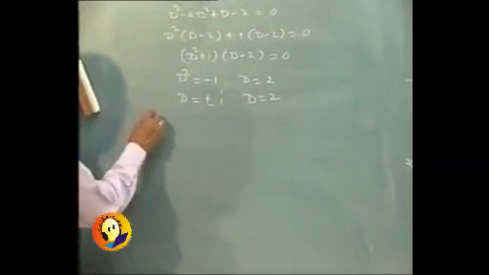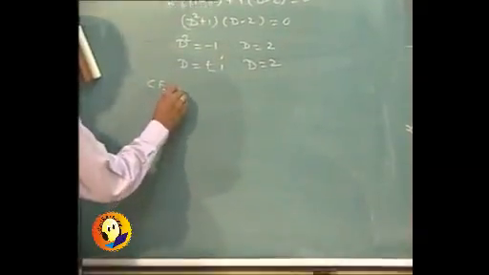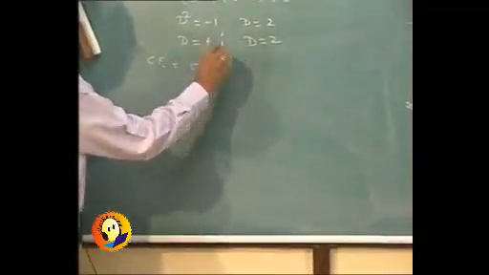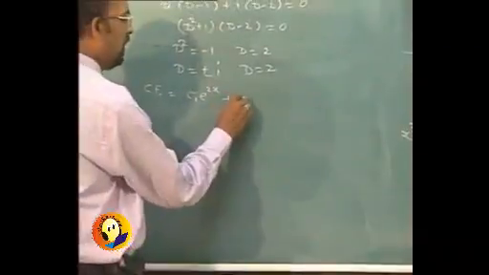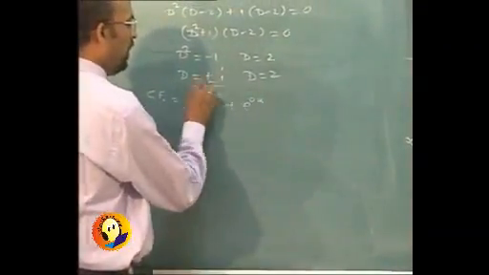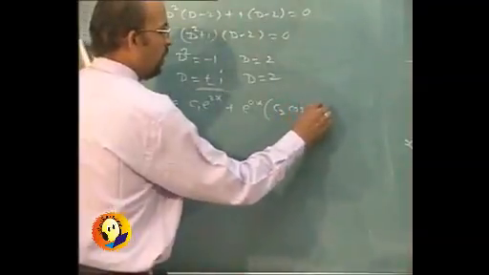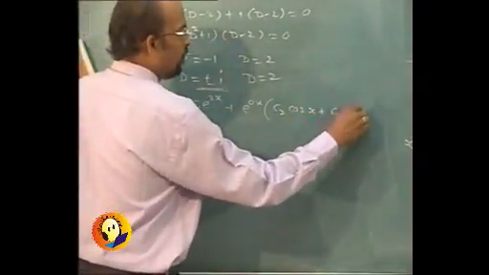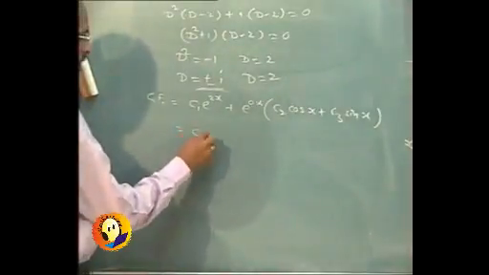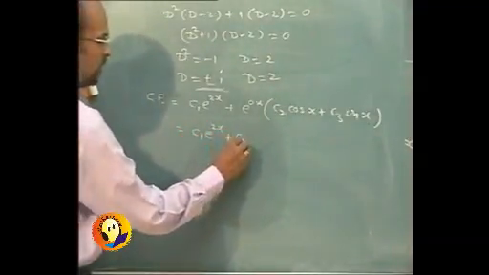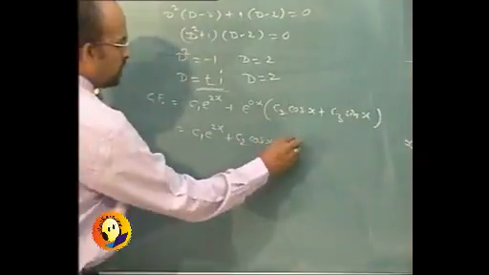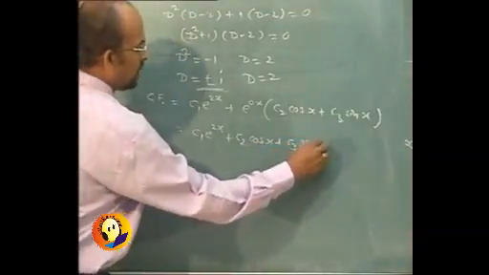And so CF in this case will turn out to be C1 e raised to 2x, that is for the real root, plus e raised to 0x, real part in this case is 0, into bracket C2 cos x plus C3 sin x, beta is 1. Ultimately CF comes out to be C1 e raised to 2x plus C2 cos x plus C3 sin x.